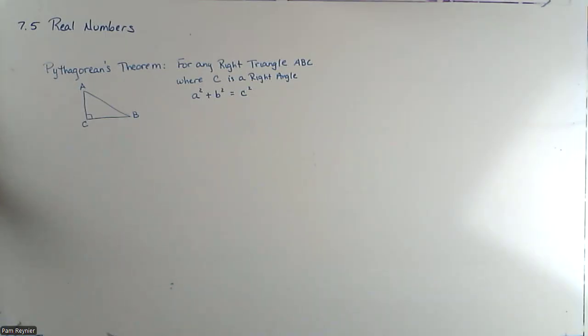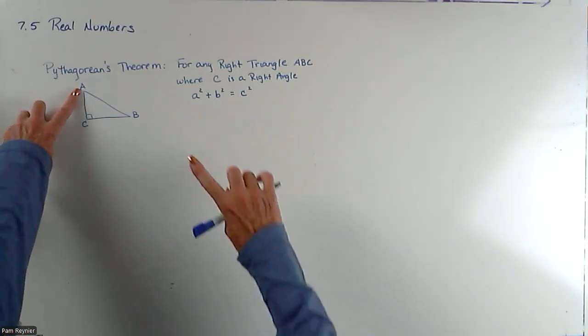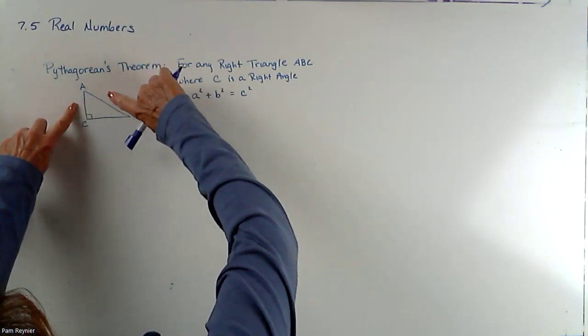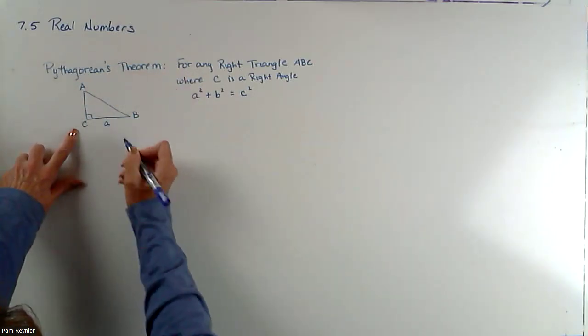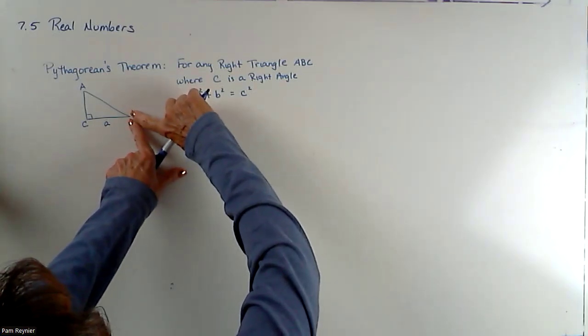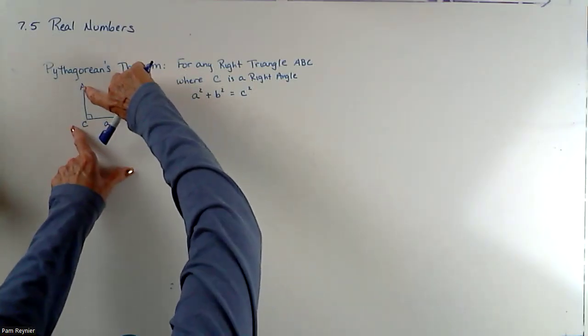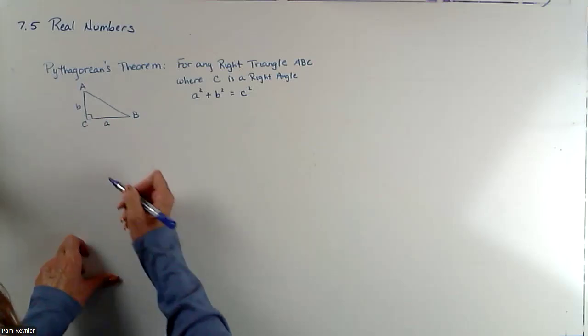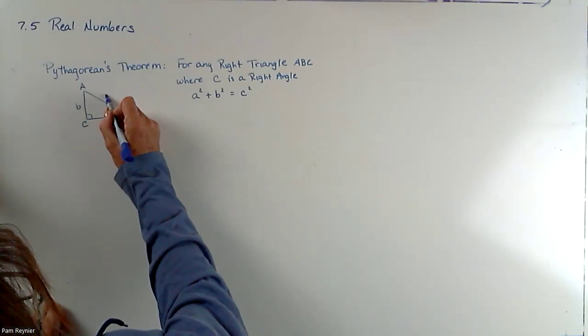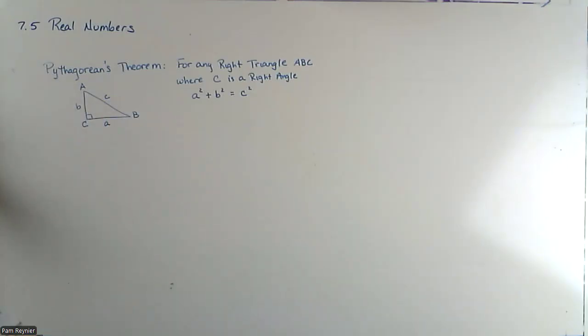If this is angle A, it creates a side across from it, which is side A. If this is angle B, the two sides that make angle B create a side opposite it that is side B. And similarly with angle C, it's the largest angle, so it's going to produce the longest side.